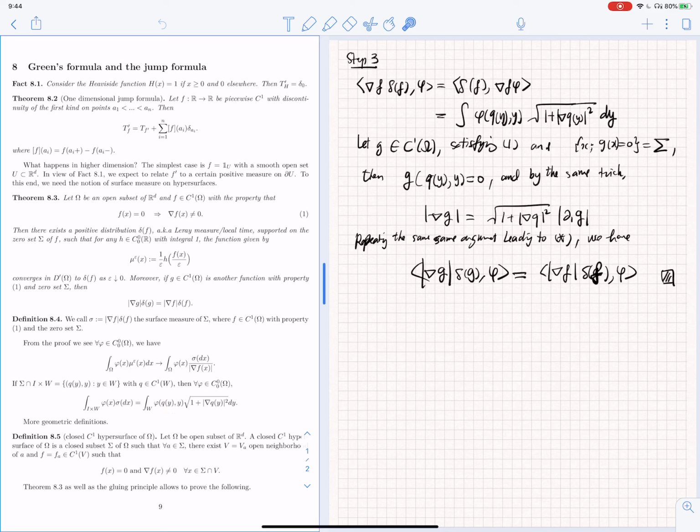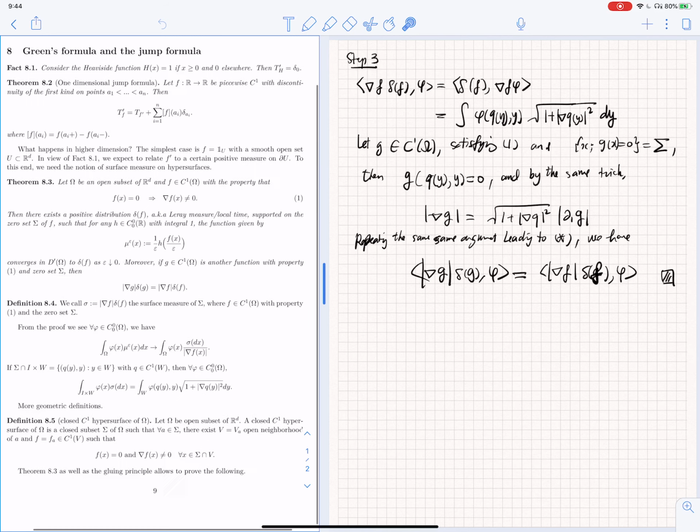Okay, so we need a few more definitions in order to state our distributional version of Green's formula. It's about some geometric definitions about a surface, the smoothness of a surface. So we are going to consider omega, this time also always an open subset of R^d.